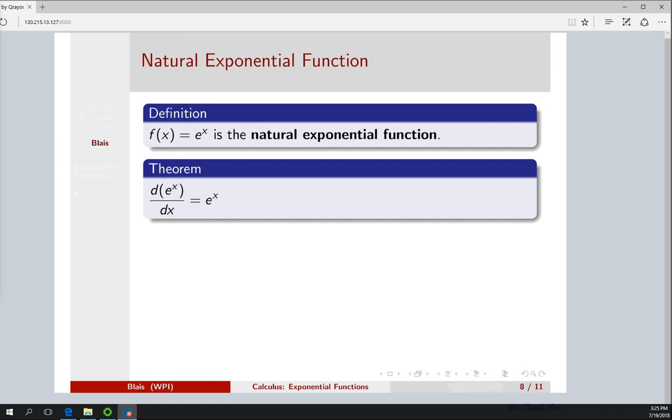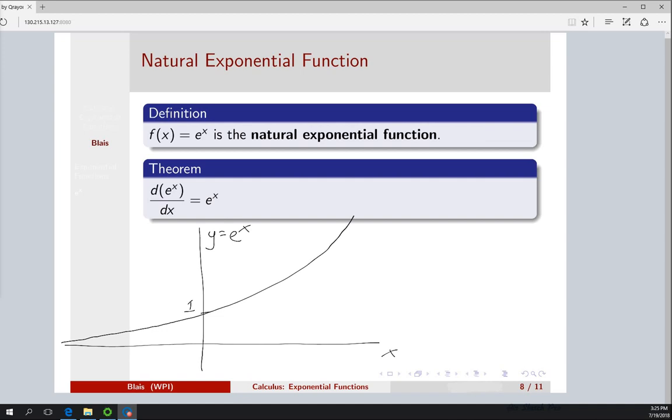The graph of this function looks a lot like the graph of 2 to the x that we had just drawn. We have our y-intercept of 1. It asymptotically approaches 0 as x goes to minus infinity.